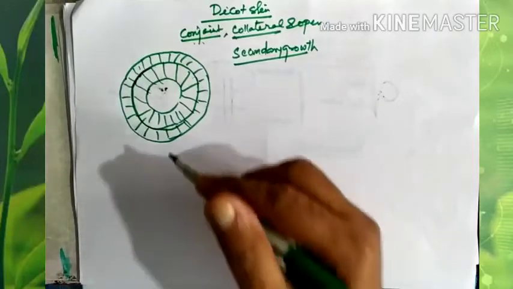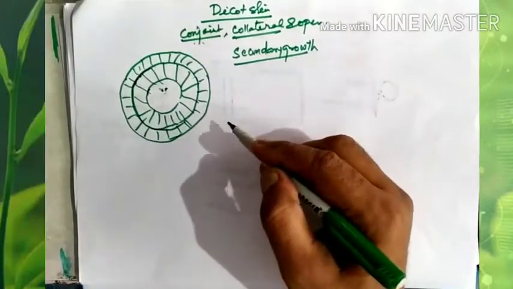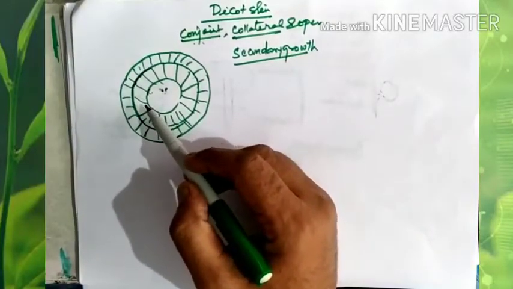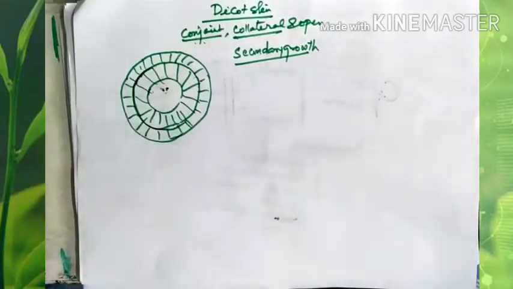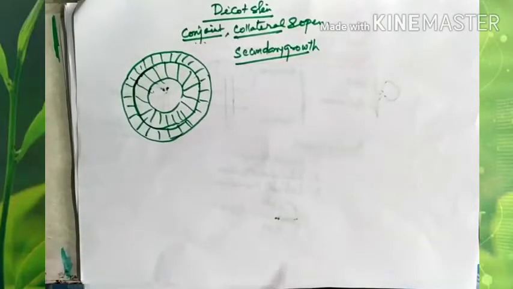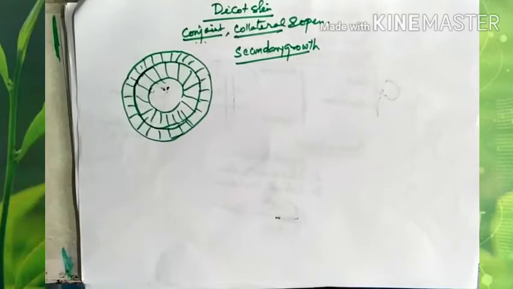Either its position is changed, or there are conditions: first, the cambium is at normal position, but its activity becomes abnormal, or the cambium itself is at abnormal position, and therefore its activity is also abnormal.